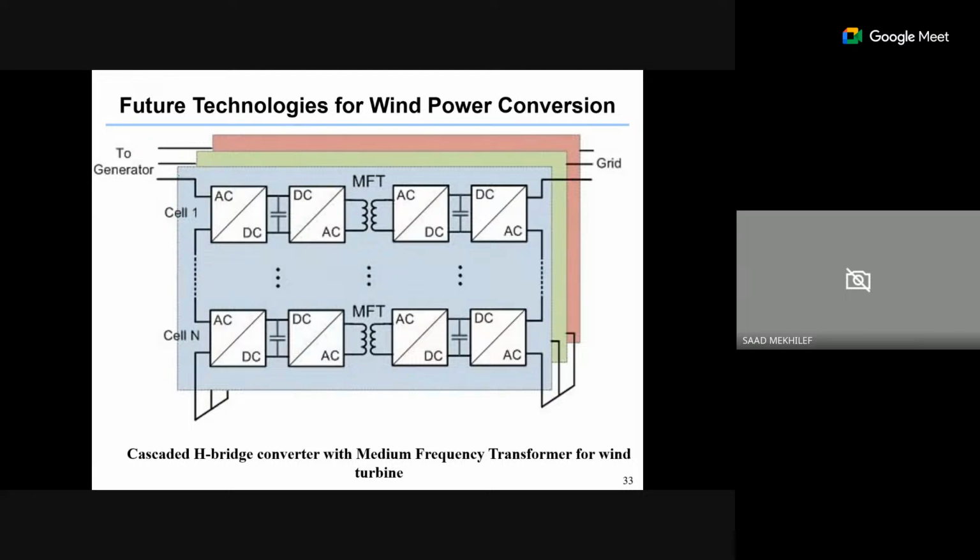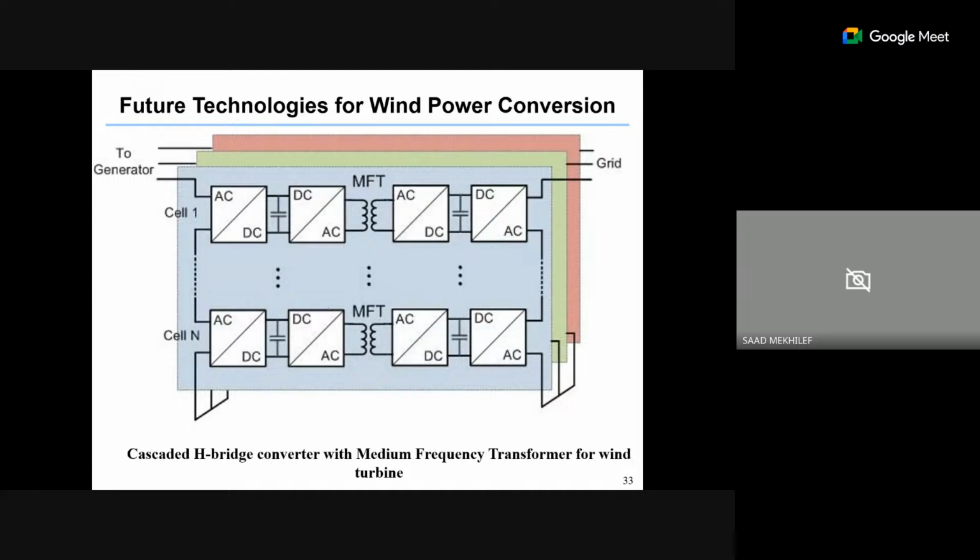So you have back-to-back AC to DC, and then you can have an MFT, a medium frequency transformer, not even a high frequency transformer, and then you connect to the grid. So from the generators, you connect to the grid. This is what we call the cascaded H-bridge with medium frequency transformers for wind turbines.